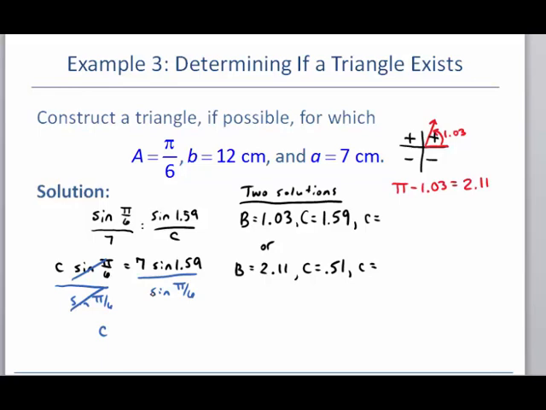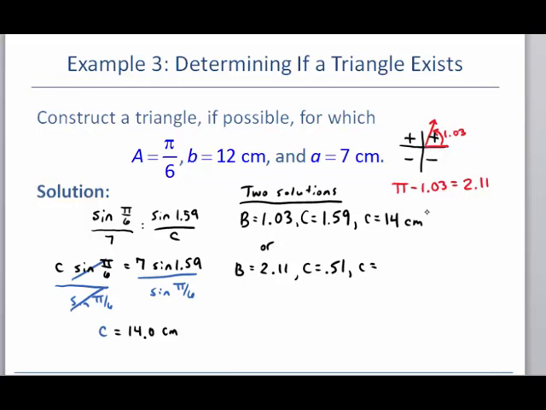And that gives me 13.997, which is going to round to 14 centimeters. So we now know that in that case, side C is 14 centimeters, and that completes the first triangle.